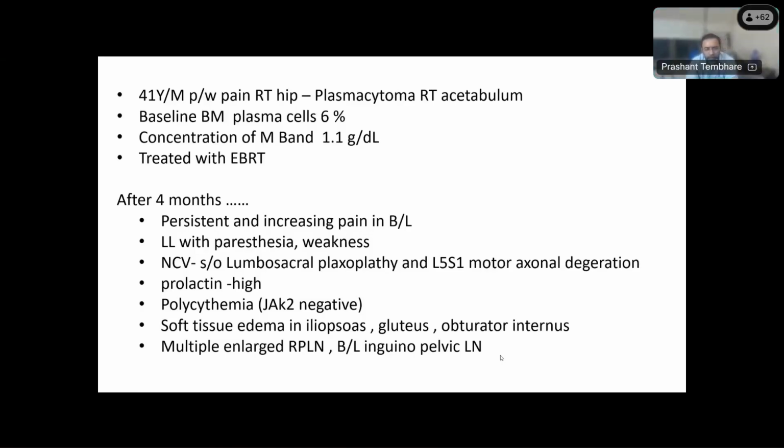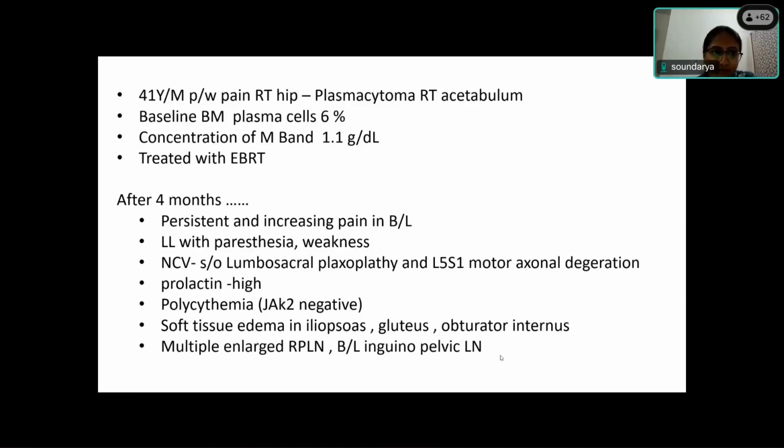Anybody, what could be the reason? This is a known case of plasmacytoma. Associated paraneoplastic syndrome. That is the syndrome, but is there any definitive name for it? POEMS syndrome.